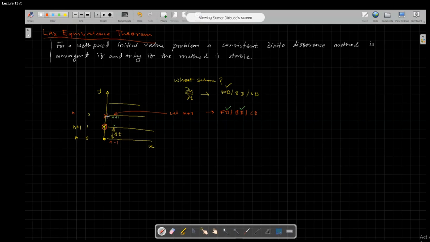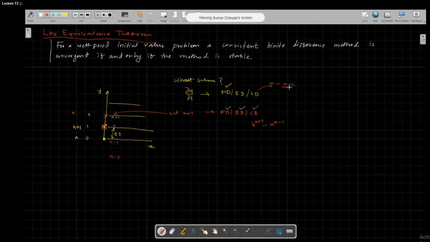So we can write like this. In central difference, you can write u n plus 1 minus u n minus 1, which is possible. But here it is not possible. Here you have either n or n minus 2, so u n and u n minus 2.